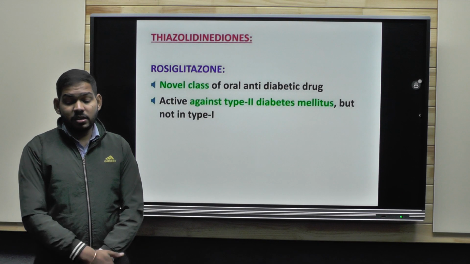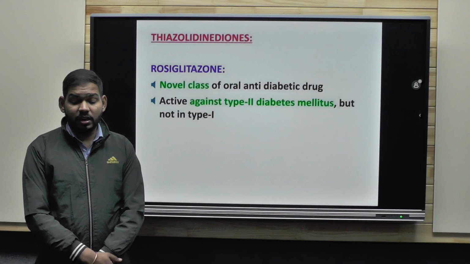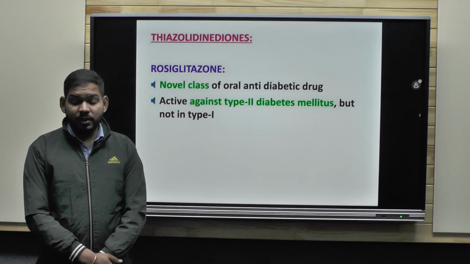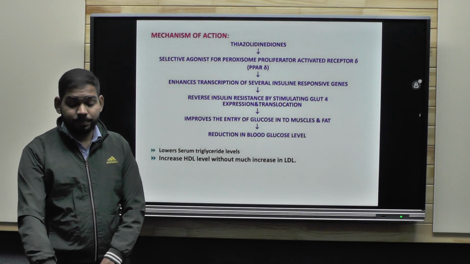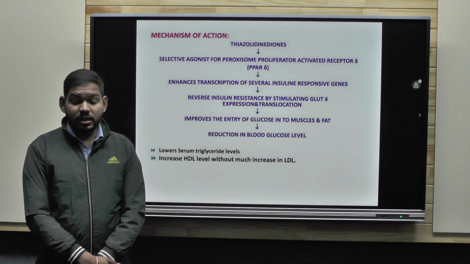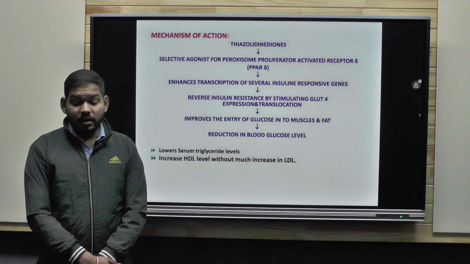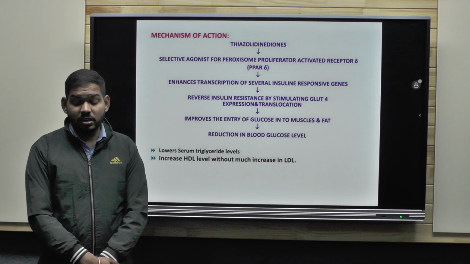Next is rosiglitazone. Rosiglitazone is a novel class of oral anti-diabetic drug active against type 2 diabetes mellitus but not type 1. What is the mechanism of action? It is a selective drug, acts on peroxisome proliferator activated receptor gamma, PPAR gamma, which increases the transcription of several insulin response genes, which reverse insulin resistance by stimulating GLUT4 expression and translocation.